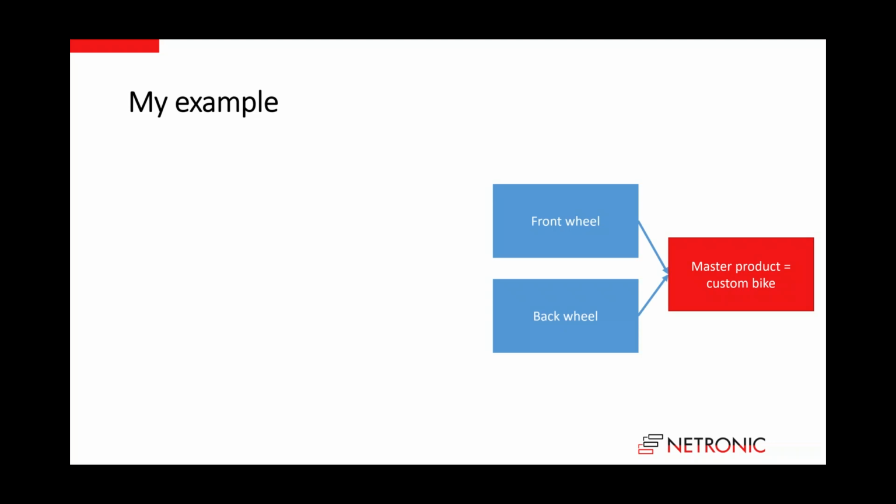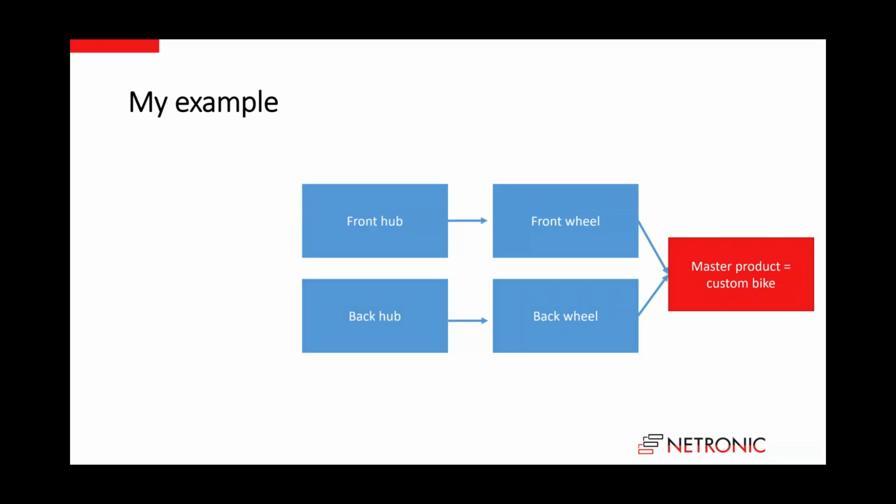And in order to produce a front wheel, I need a front hub. And in order to build a back wheel, I need a back hub. And all of this, they are all custom. They are always different for every custom. And then I need a frame to actually start building the front hub and the back hub.